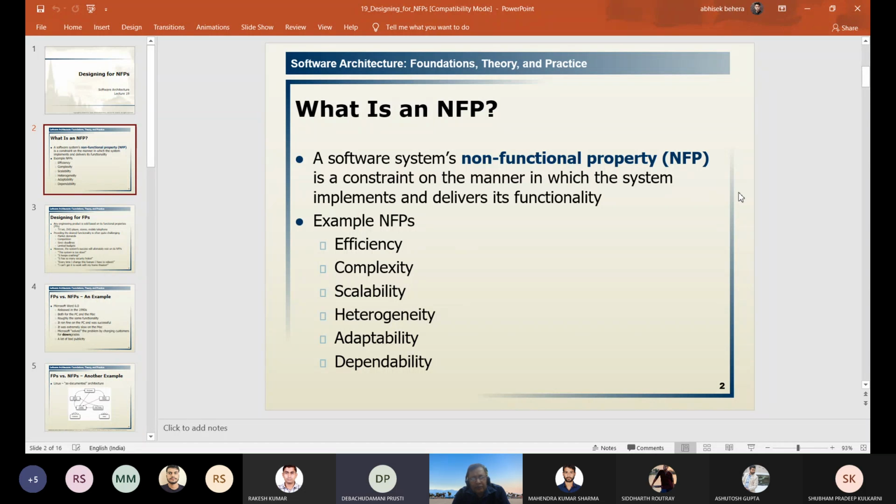FURPS, you write down. The FURPS model of HP, you check on the net. F for functionality. U for usability or user friendliness. R for reliability.